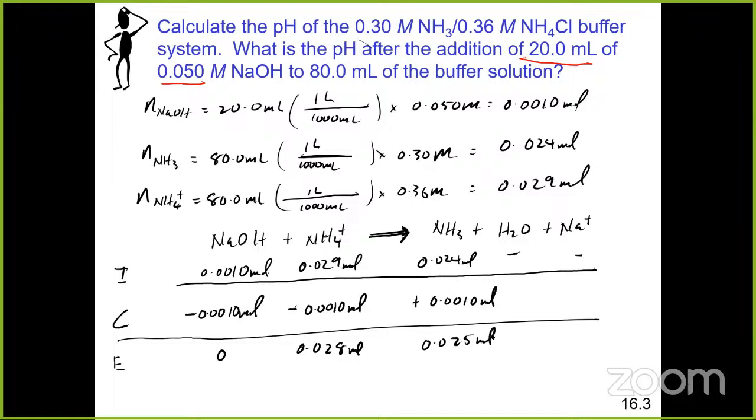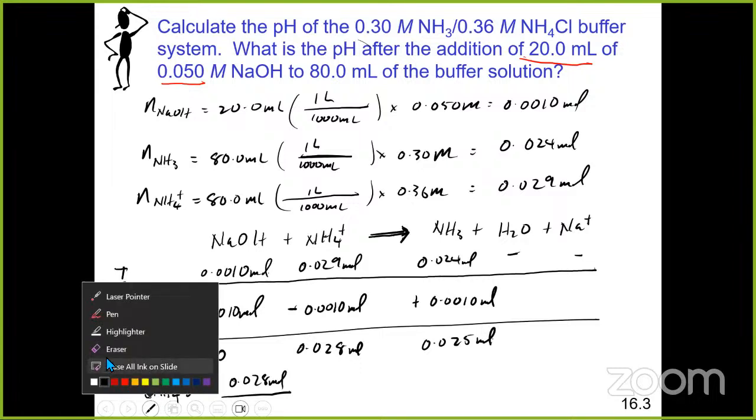And as far as the ammonia is concerned, the amount that would remain would be 0.025 moles, all right? And then the next step is where we find the concentration of the ammonium and the ammonia. So let's start off with the ammonium first. The concentration of the ammonium would be 0.028 moles divided by the volume. Now, what's the volume?